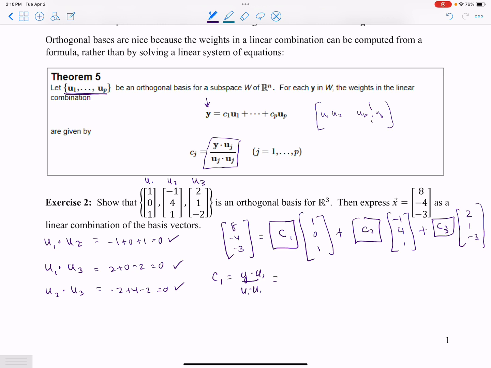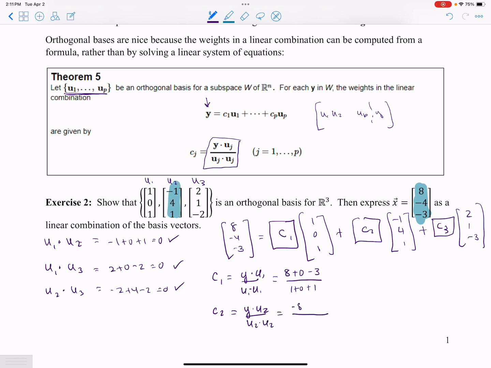So this is my y, and this is my u1. I have 8 plus 0 minus 3 over u1 dotted with itself, so that's 1 plus 0 plus 1. C2 is y dot u2 over u2 dot u2.